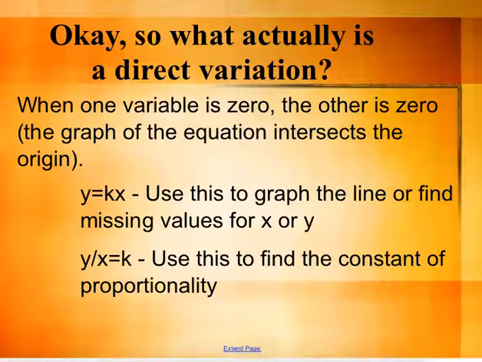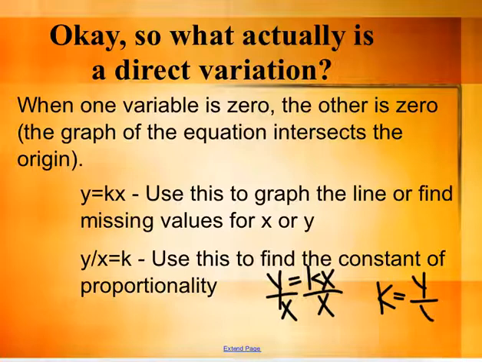So, when we do this, we have our equation, y equals kx, and how we find k is this. We take our equation y equals kx, and let's say we want k. We divide by x on each side, and we say k equals y divided by x.